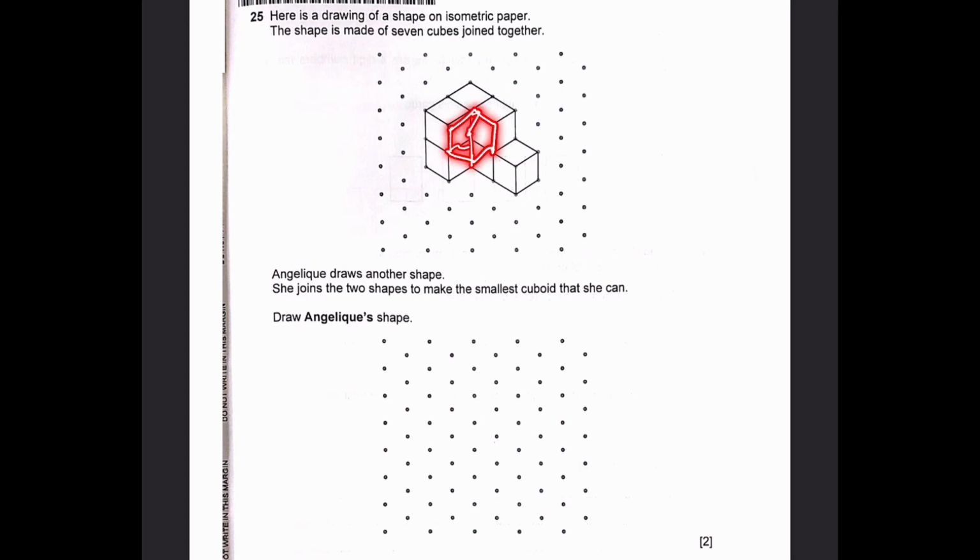So we need to fill in this block over here, and then we need to fill in the one right below it as well, and then we need to fill in this one right here, and then after we fill in that, we also need to fill in the one on top of that, and we need to fill in the one over here, right? So we have 1, 2, 3, 4, 5 blocks which you need to fill in, and we can draw it by doing this.